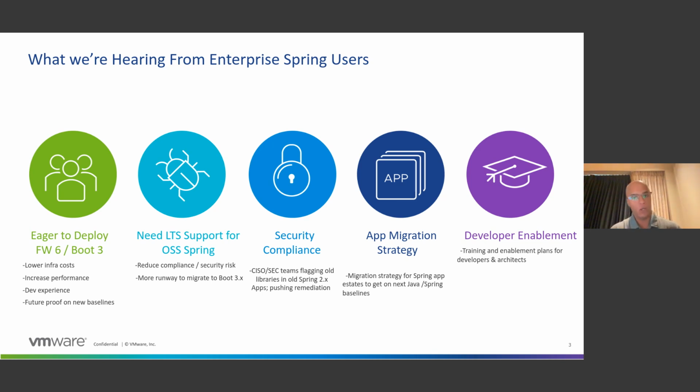It also means we're at end of life for OSS support for Spring Boot 2.7, and I'll show that calendar soon. Lots of people are eager to get the value out of their existing Spring apps and move forward, and everybody wants to be covered, whether for regulations or just to reduce risk.